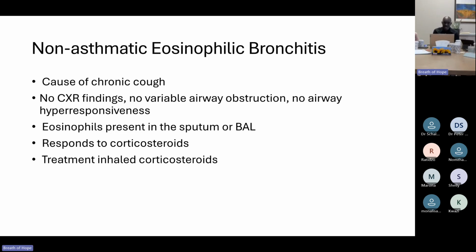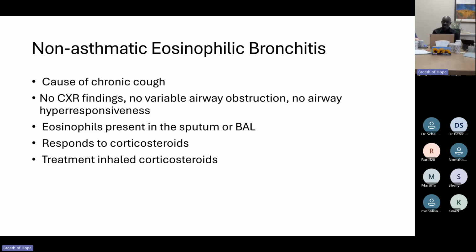And then the last of the eosinophilic diseases, of course, would be non-asthmatic eosinophilic bronchitis. The cause of chronic cough, very common. Patients coming to GPs with chronic cough, most patients will have been exposed to a lot of different treatments with no improvement. Most of these patients have no radiological finding, no variable airway obstruction, no airway hyperresponsiveness on the methacholine challenge test.